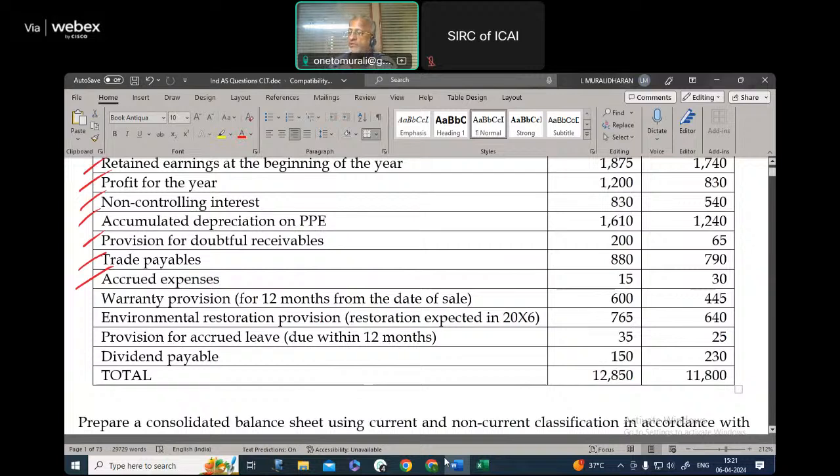Warranty provisions will not come under financial, that will come under non-financial only.